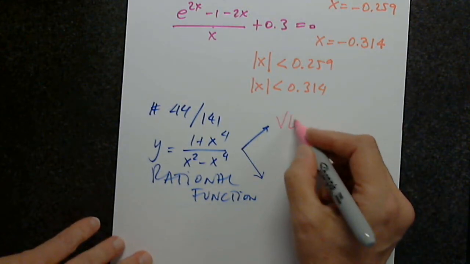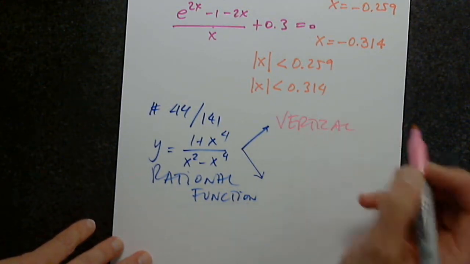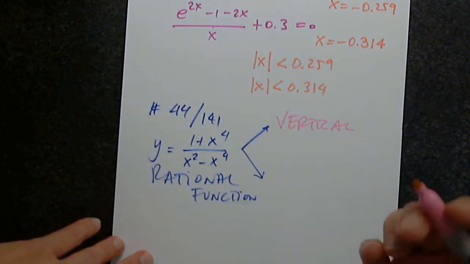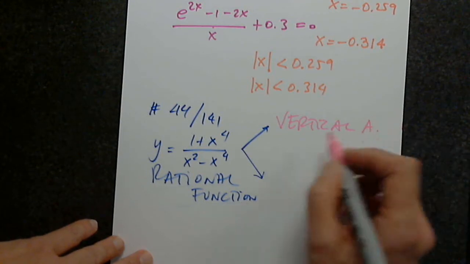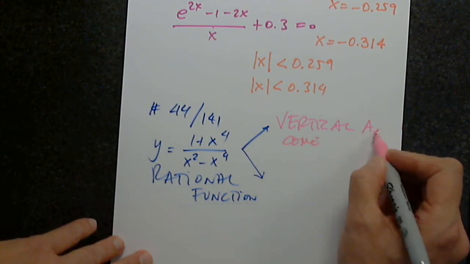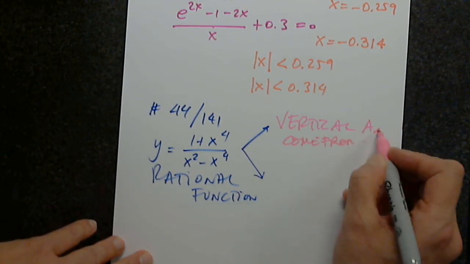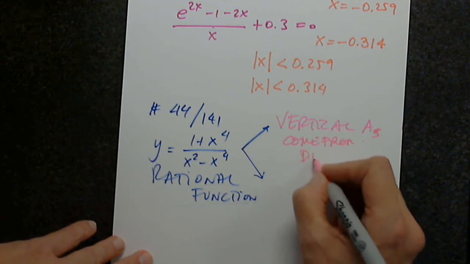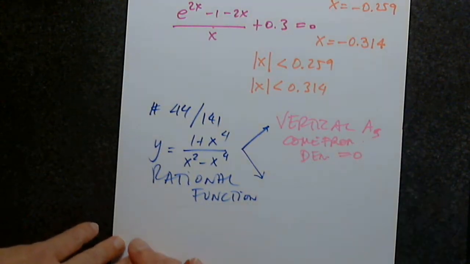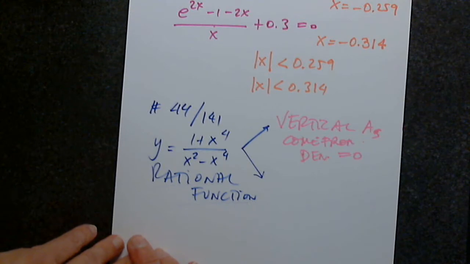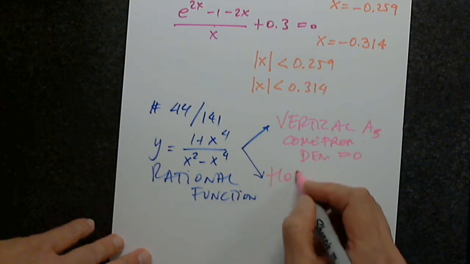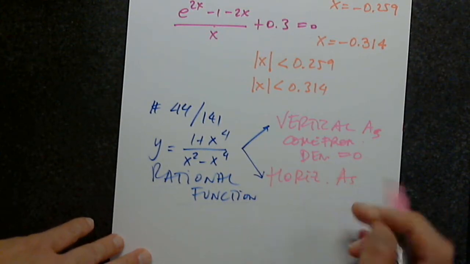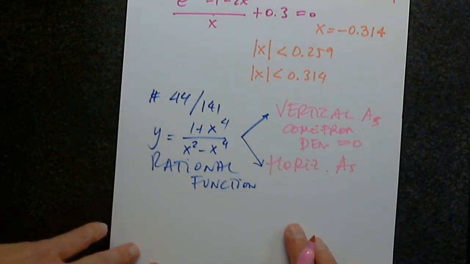So for vertical, I have to make sure that the denominator is never 0, right? So vertical asymptotes come from denominator equals 0, right? Now, the horizontal asymptotes in this case, it's a rational.